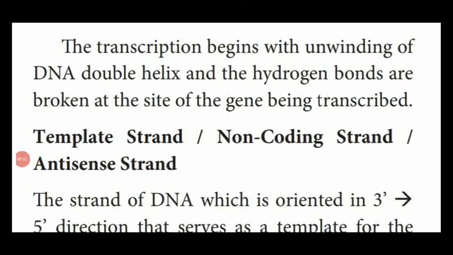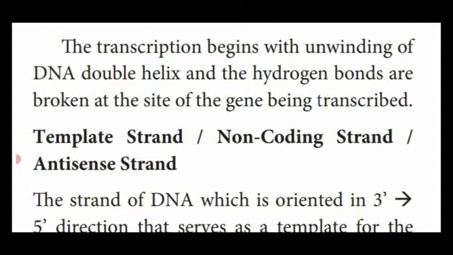Dear students, first the transcription starts with unwinding of the DNA double helix. That means double-stranded DNA, which looks like a coiled structure. By using the enzyme helicase, as we have seen in DNA replication, the two coiled DNA strands are separated by breaking the hydrogen bonds present between the nitrogenous bases.